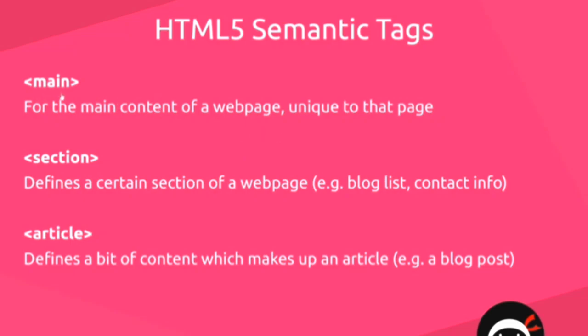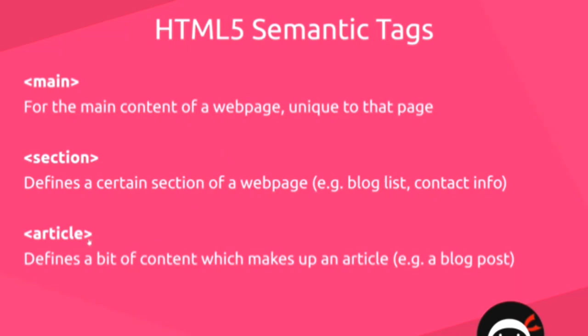So we have this main tag now for that. We also have a section tag, and that defines a specific section of a web page, and that could be a blog list or contact information or something else. And we could have several different sections on a web page. So we're saying to the browser, look, this is a unique section, and it's kind of sectioned off from everything else. It's got its own meaning inside this tag.